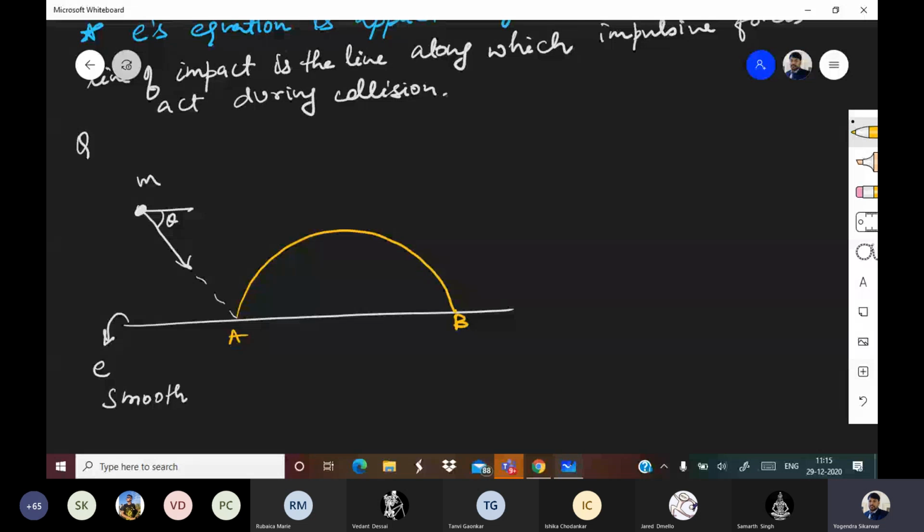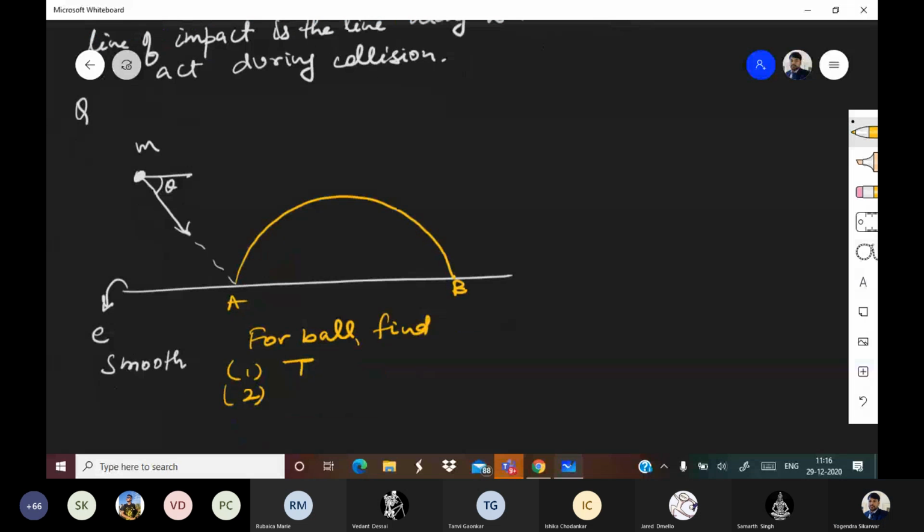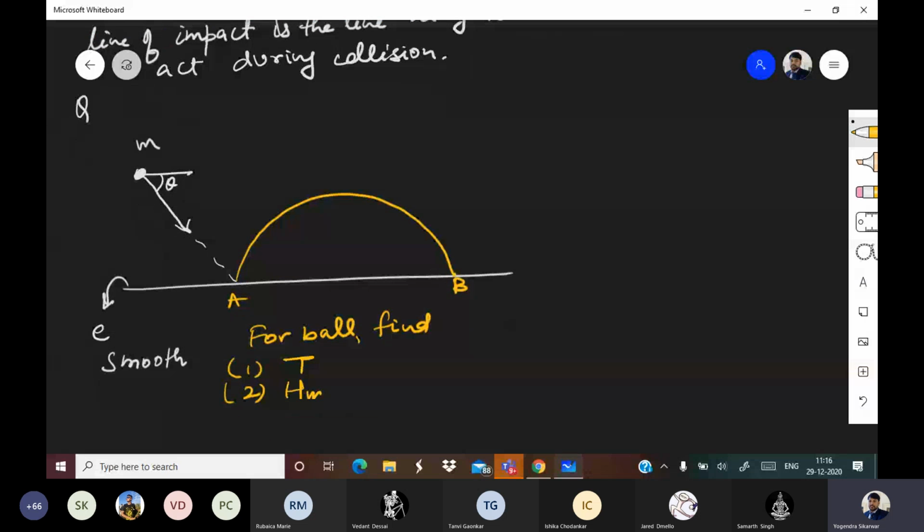So for the ball, find number 1, T, number 2, H max, and number 3, R, after collision. You need to find these three answers.